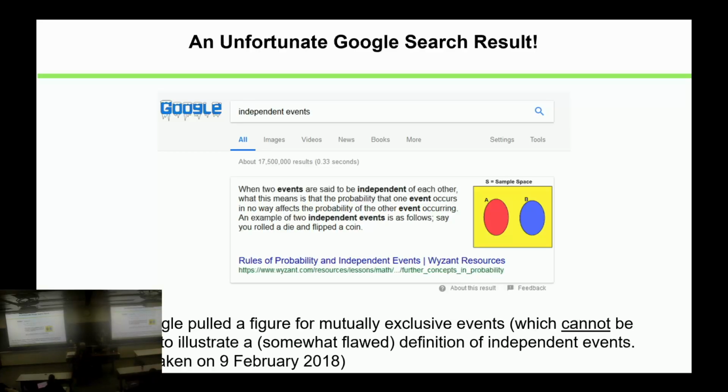But the Google search engine just reached in and grabbed this diagram and said, the article's talking about independent events, so this will work. Boom, toss it in. So you've got to be very skeptical. You're always skeptical to say to yourself, does what you're being told make sense?